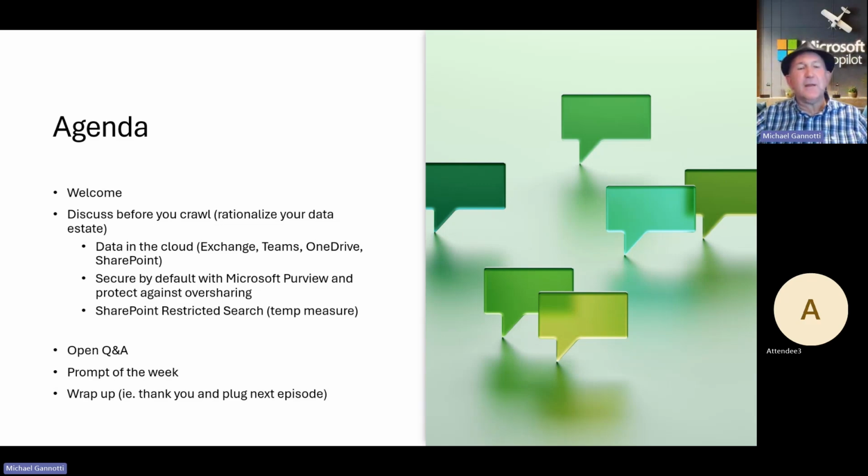When you initiate and turn on SharePoint restricted search, it's going to first of all say, look, all the SharePoint that's out there, you have to explicitly enable specific sites that you are comfortable with making that data available to all the users in Copilot and searching in SharePoint.